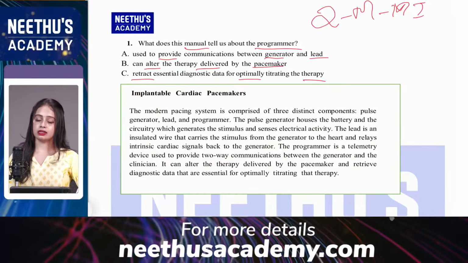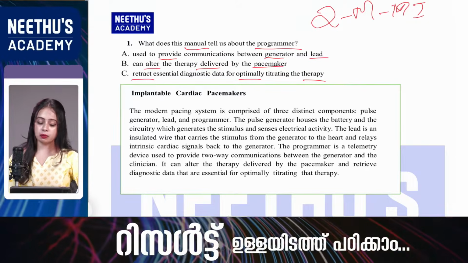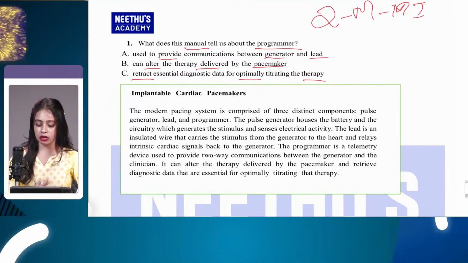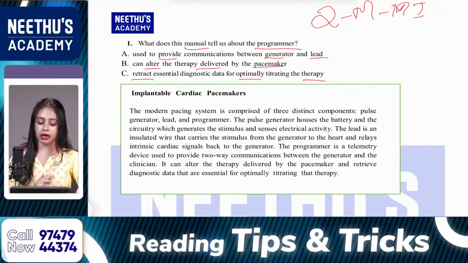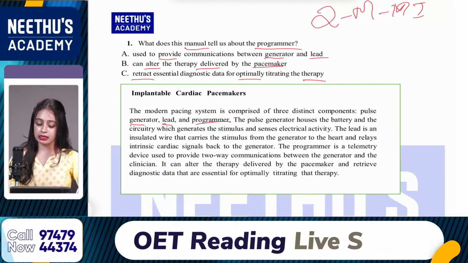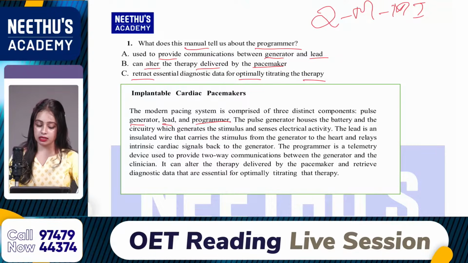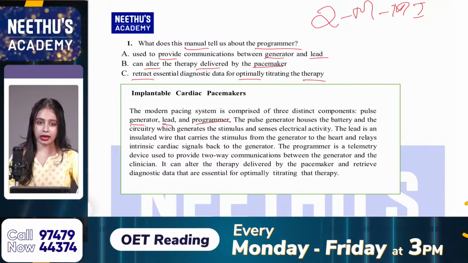Let's read the manual. Implantable cardiac pacemakers. The modern pacing system is comprised of 3 distinct components. So what are they? Pulse generator, lead, and programmer. The pulse generator houses the battery and the circuitry which generates, stimulates and senses electrical activity.